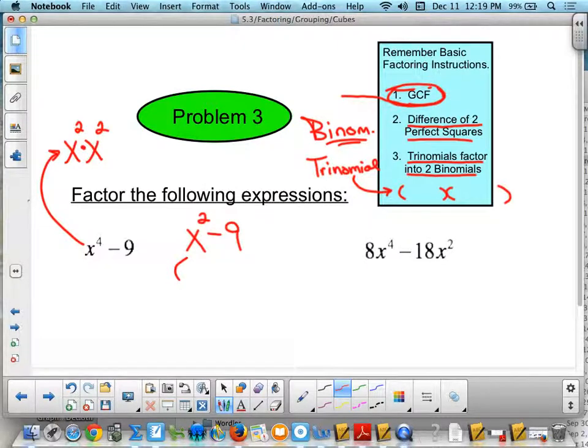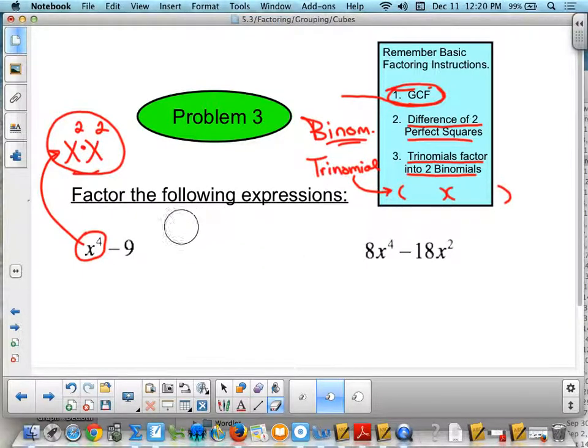Well, x squared minus 9 is the difference of two perfect squares, x plus 3 times x minus 3. Well, this problem is no different, except x squared has now become x to the 4th. So now we have to think the same way, but just realize x to the 4th is this.